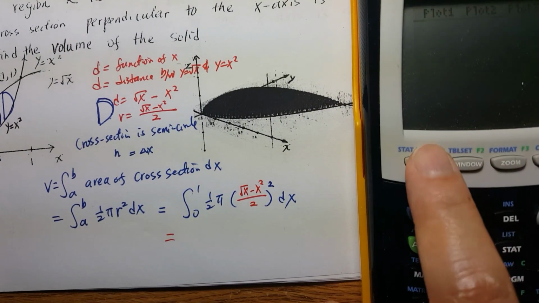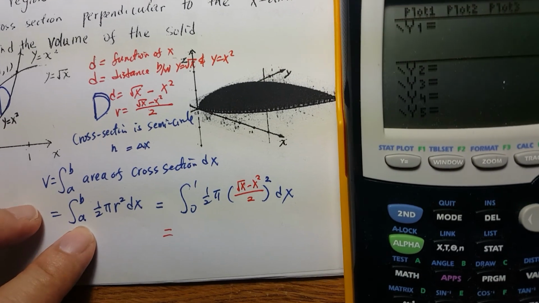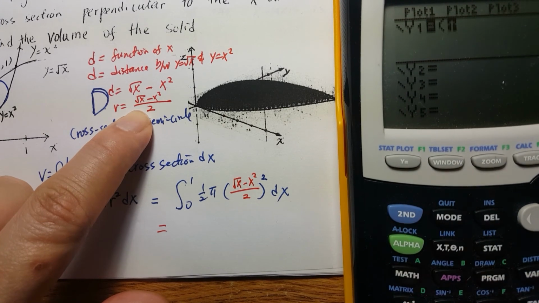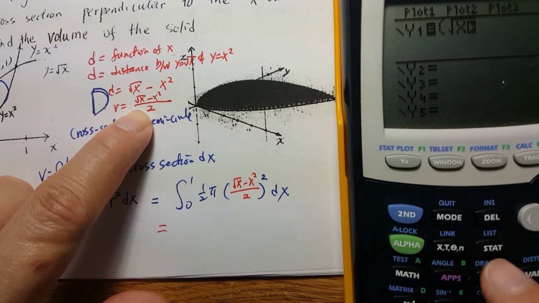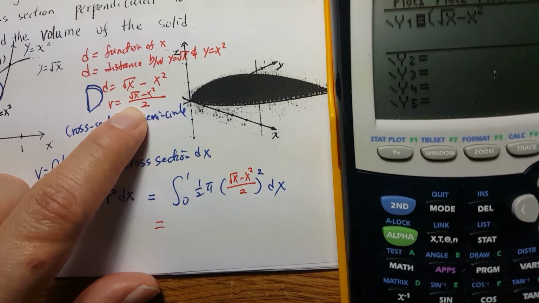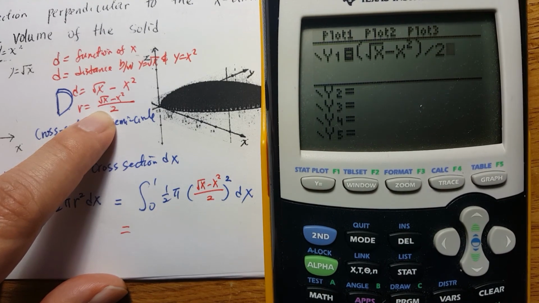We make y1 the radius: parentheses, numerator square root of x minus x squared, and then divide by 2. So this is going to be my radius.